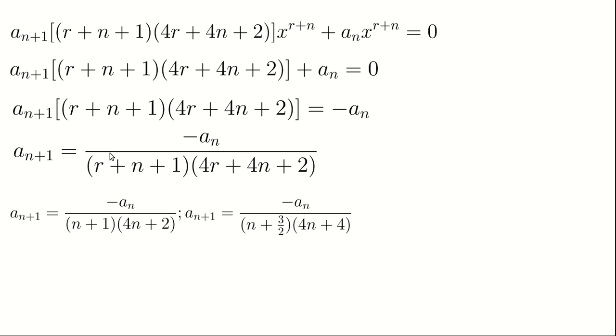For r equal to 0, you have n plus 1 and 4n plus 2. Then for r equal to half, you have half plus 1, which gives us 3 over 2 plus n. Half of 4 will give us 2, and 2 plus 2 will give us 4. So we have these two scenarios.